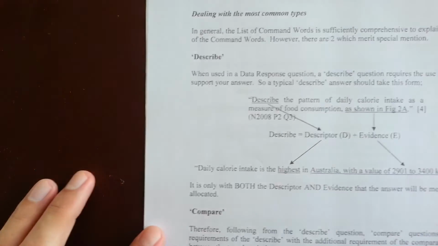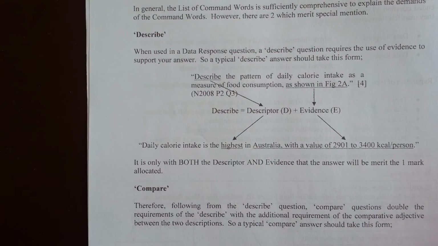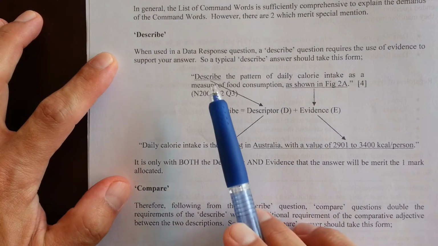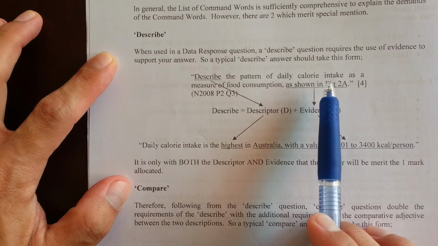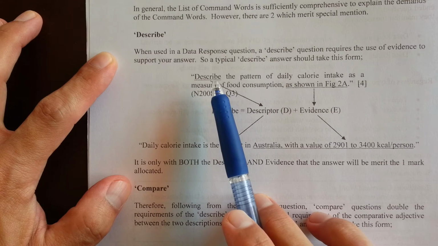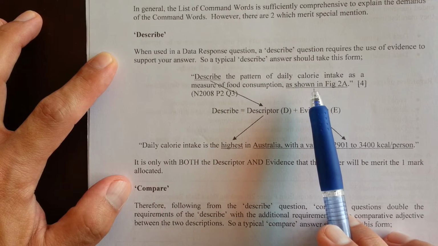So let's take the command word describe. This is a November 2008 question from paper 2. It's question 3. The question reads, describe the pattern of daily calorie intake. It tells you to describe. It tells you that it must only come from figure 2a.